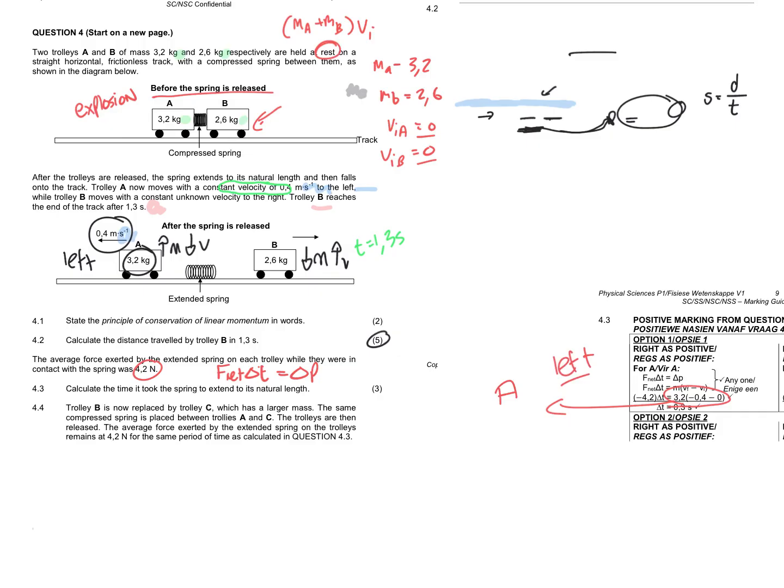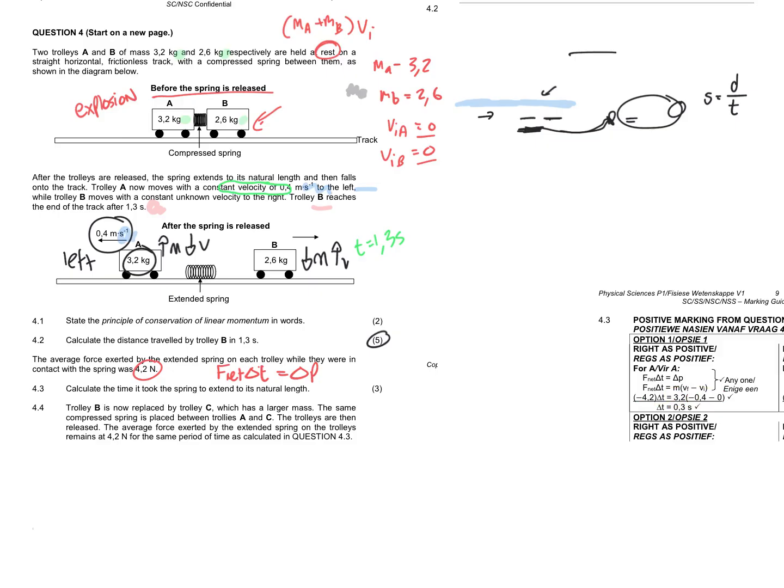Trolley A moves to the left. So the force acts to the left, and the velocity of trolley A goes to the left. Trolley A was moving at 0 meters per second in the beginning and 0.4 to the left afterwards. If you decided in the beginning to make right positive, please maintain that throughout the question.